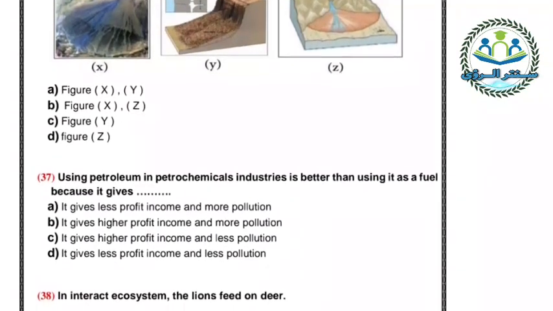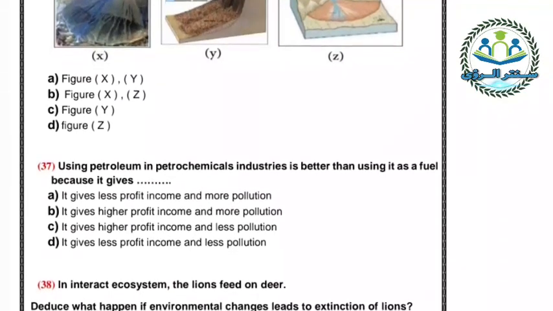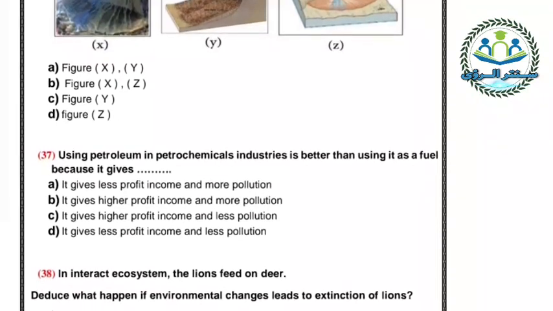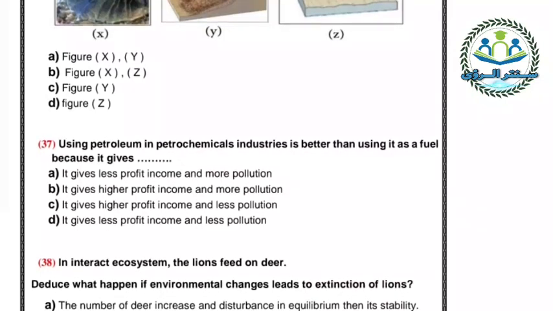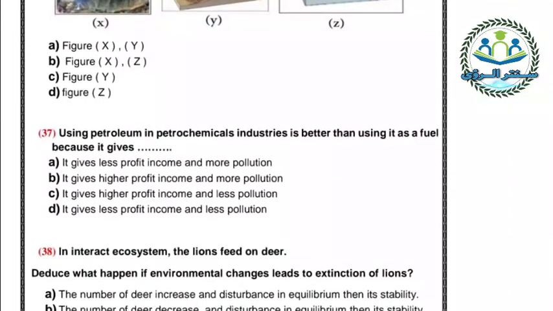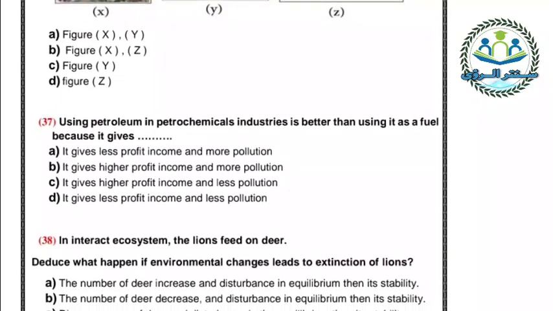38. In an ecosystem, the lions feed on deer. Deduce what happened if environmental changes lead to extinction of lions. A. The number of deer increase and disturbance in equilibrium, then its stability.